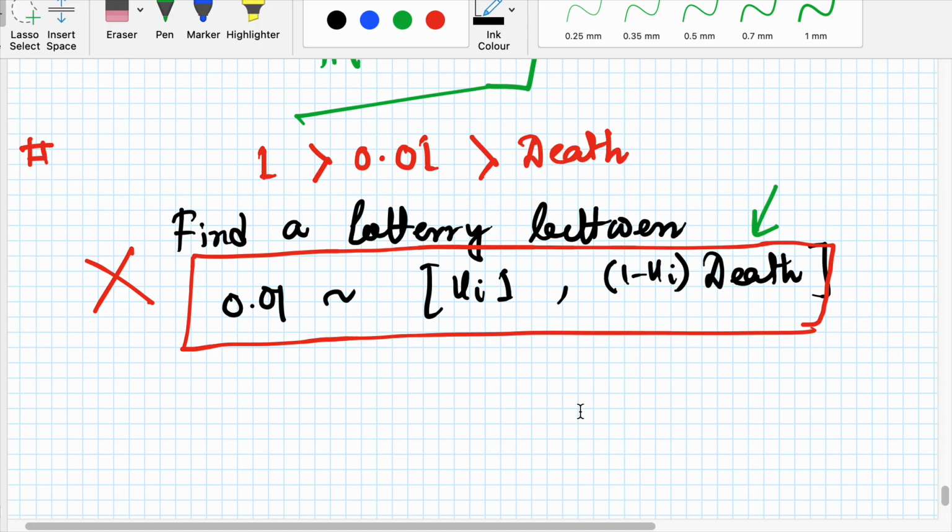And secondly, as we have seen in the previous case, if we have the continuity principle, then we can write the utility, which will represent decision making under certainty. So this is the third assumption.